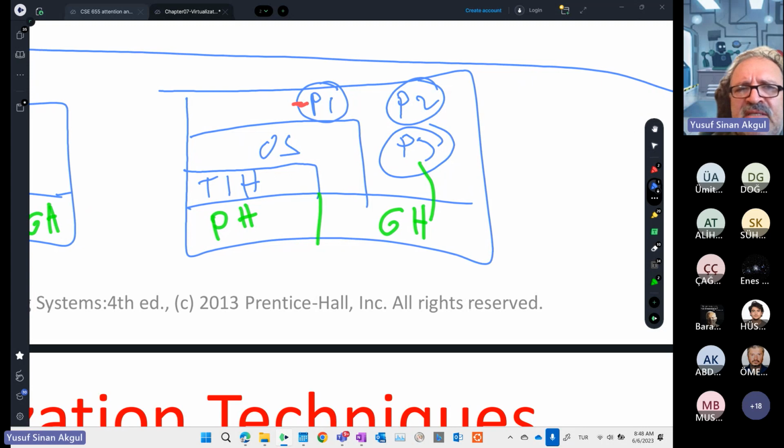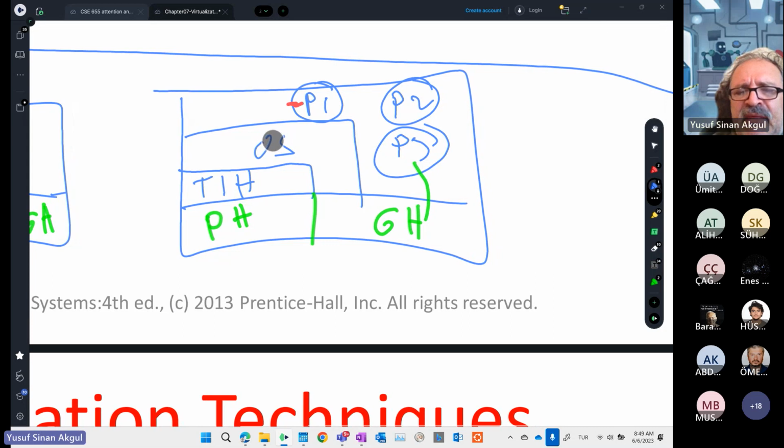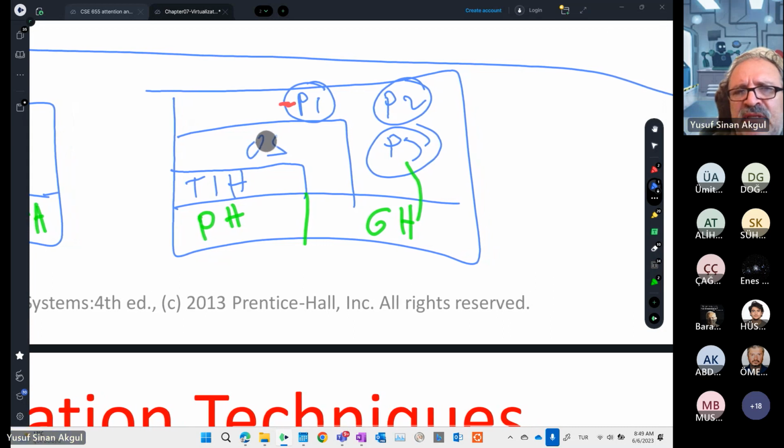If the operating system here is using a privileged instruction, it causes a trap. The operating system produces an interrupt, and that interrupt is handled by the type 1 hypervisor.